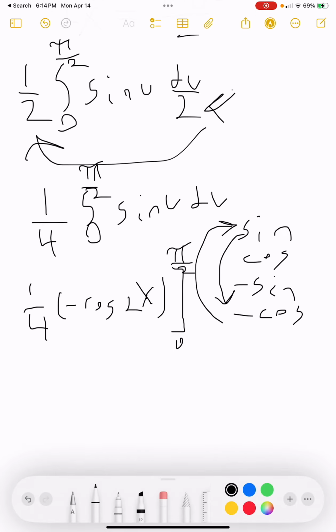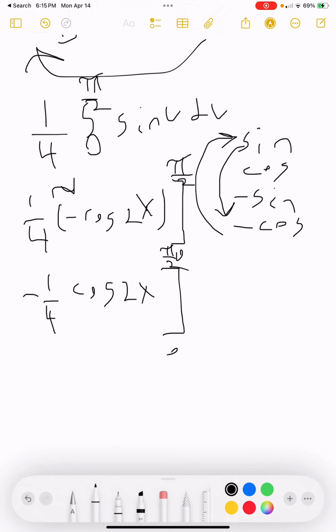Alright, so I prefer simplifying this, make it look a little bit simpler, but all you have to do is distribute this 1/4. So we get negative 1/4 cosine 2x evaluated from 0 to pi over 2.